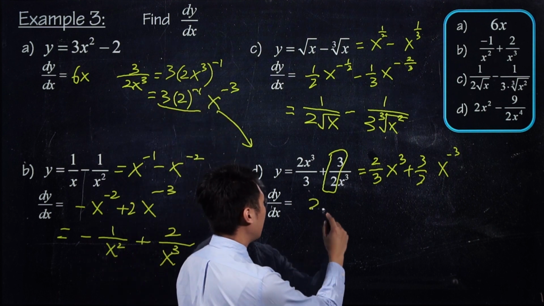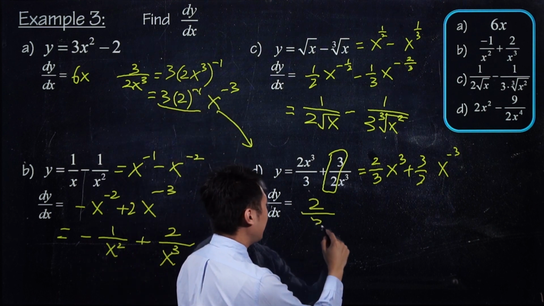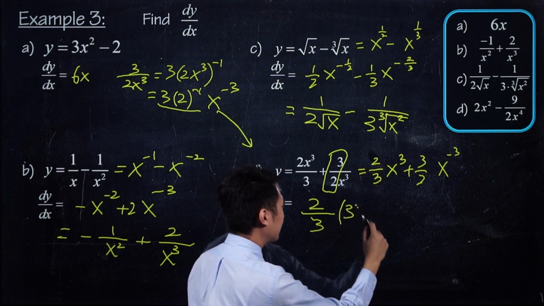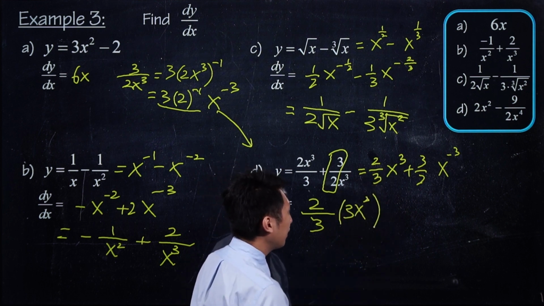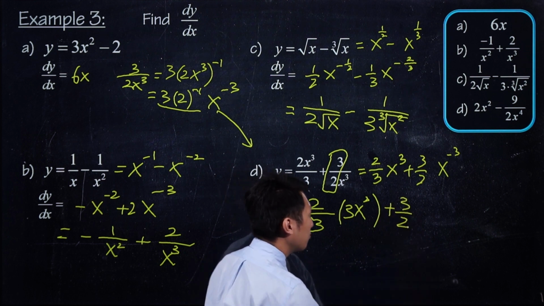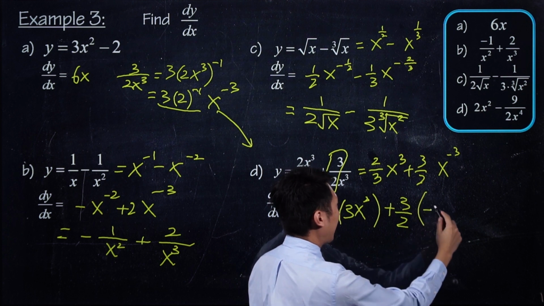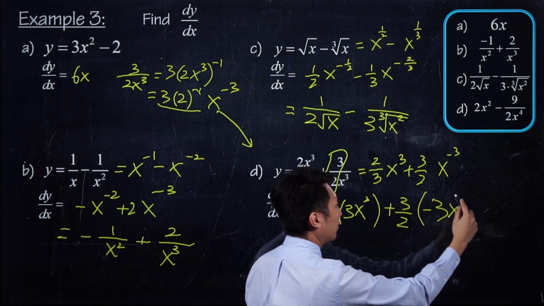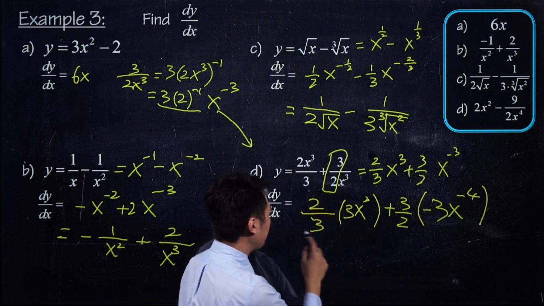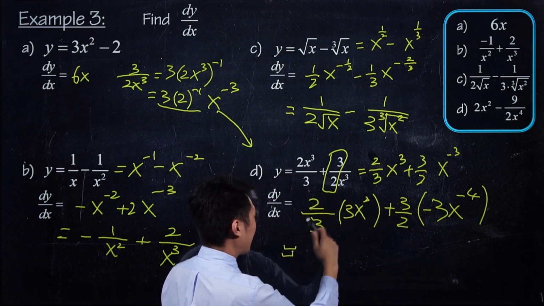So I'll get 2 over 3 multiplied by 3 x squared. Then next will be plus 3 over 2 multiplied by -3 x to the power -4. If you add them up, this one will be cancelled off.